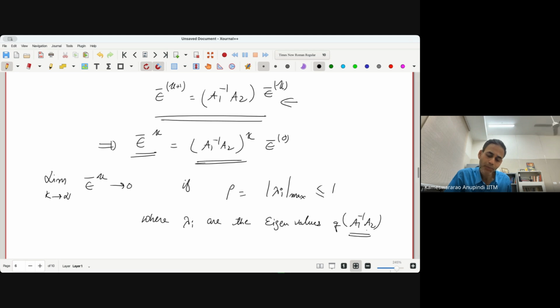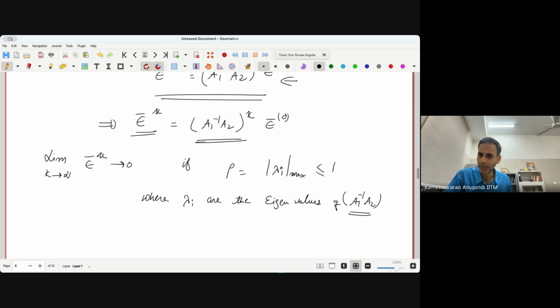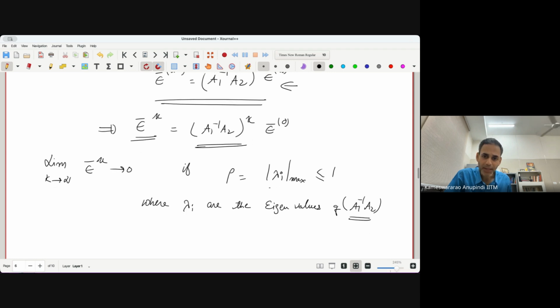So if we calculate the eigenvalues of A1 inverse A2 and take the maximum, and that is less than 1, then when you raise it to the kth power, the error is going to decay to 0.